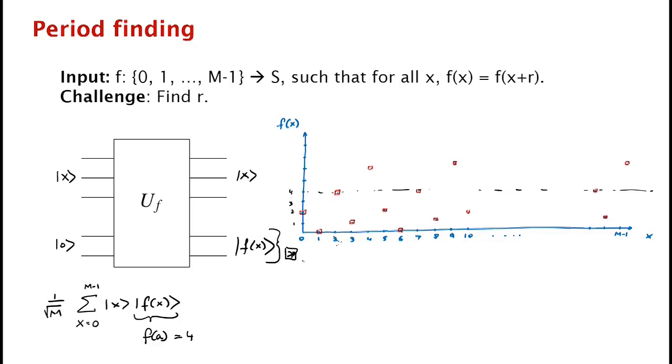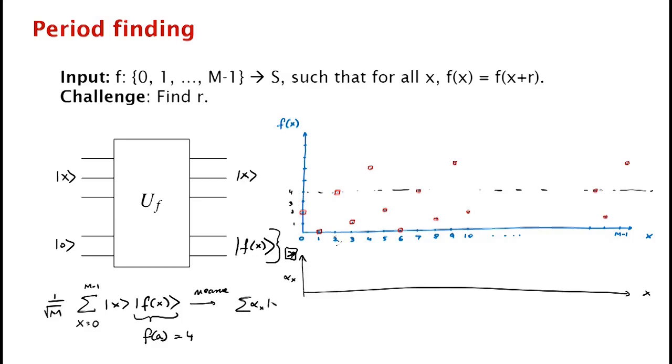Okay, so what do we see here? Well, let's draw a little graph. So here's x, here's alpha sub x, right? So we measure and we see summation alpha sub x, x. And what's alpha sub x?